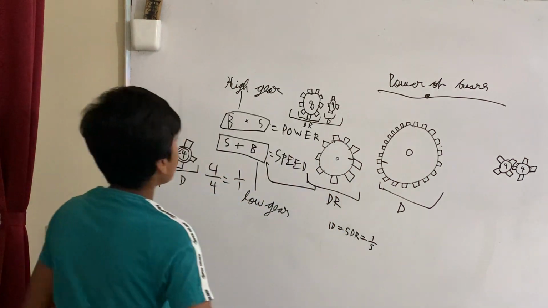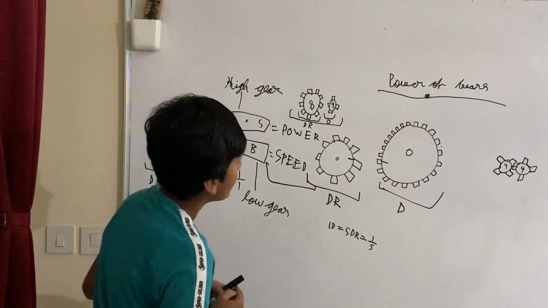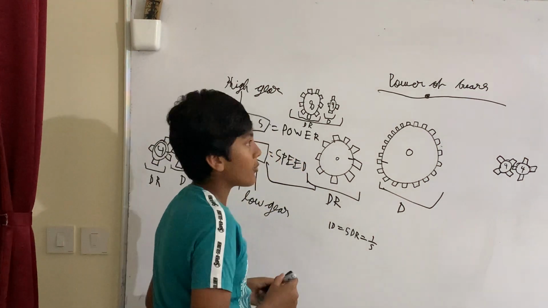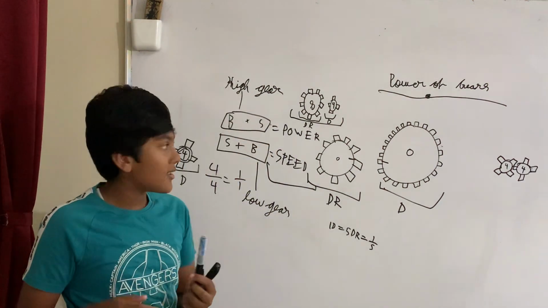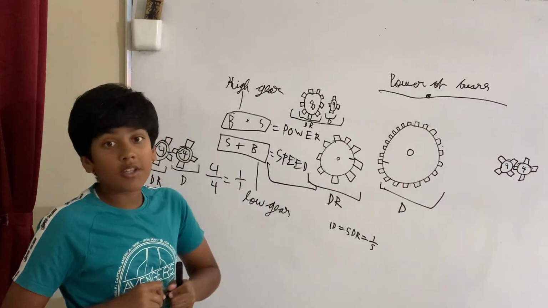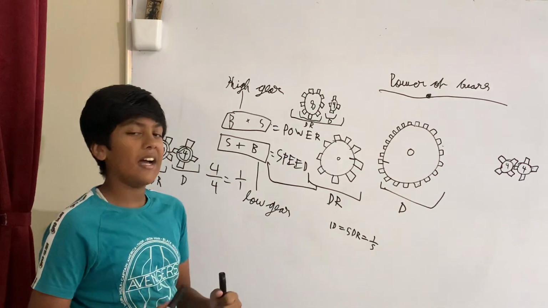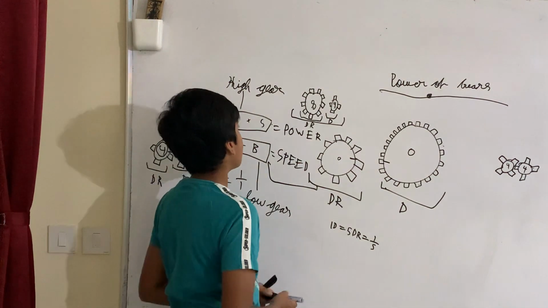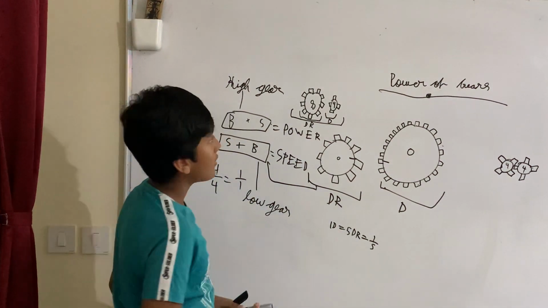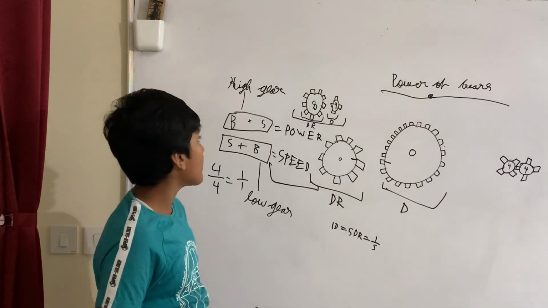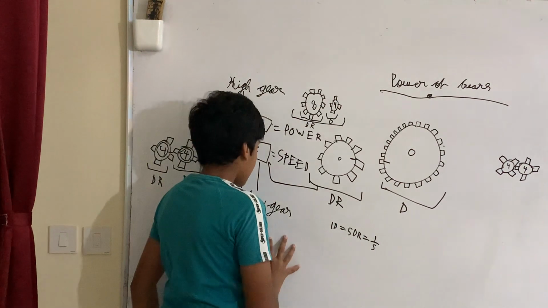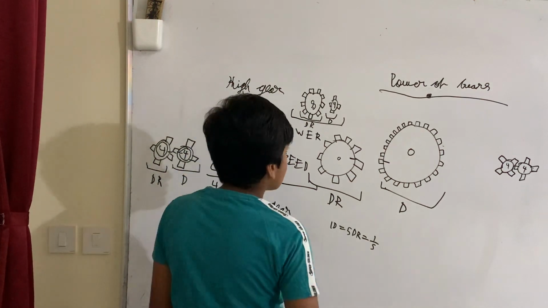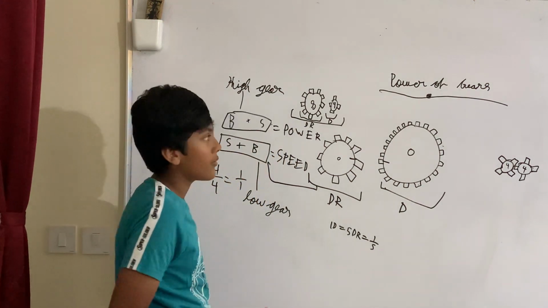So you move D, you're pushing it, and you can push it easily since, remember, the small gear is faster. But since the bigger gear is slower, it's moving slowly, but it's easier for you to move.